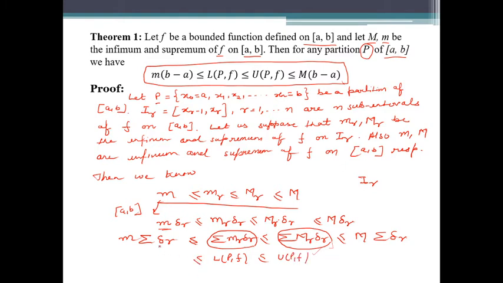We know that the summation of delta r is always equal to the length of the interval, which is b minus a, so we can write m(b minus a) on the left and M(b minus a) on the right. In this way we can prove that this inequality is true for any partition P of the closed interval [a, b] with respect to the function f. So this inequality is always true for any partition.